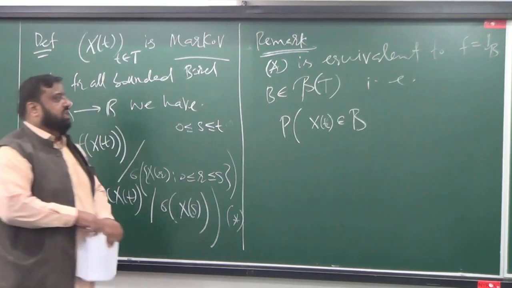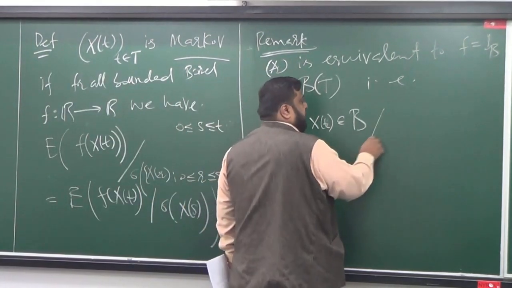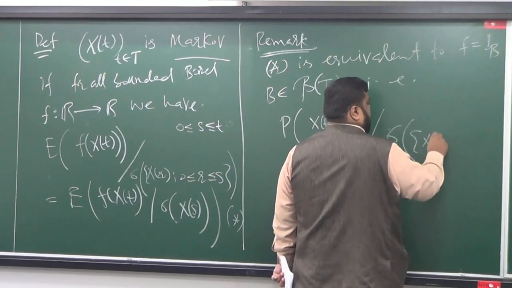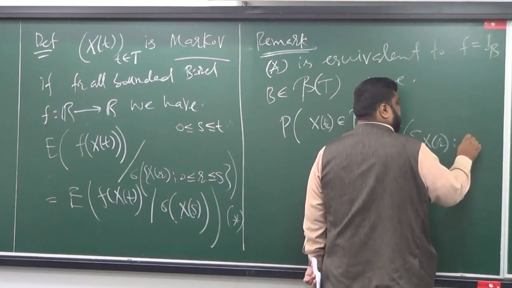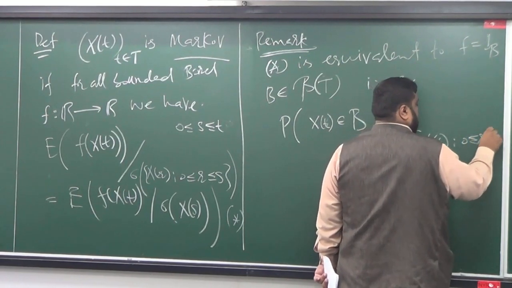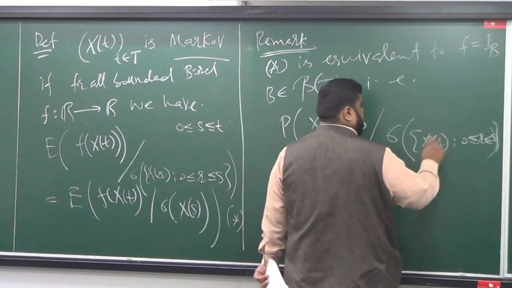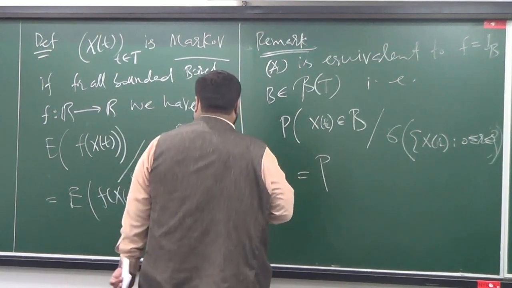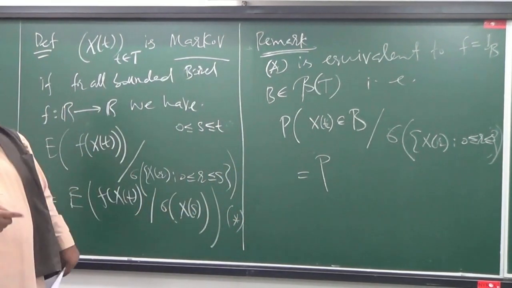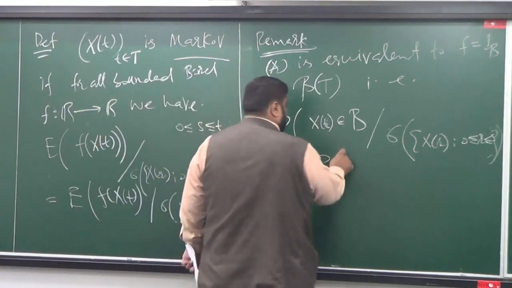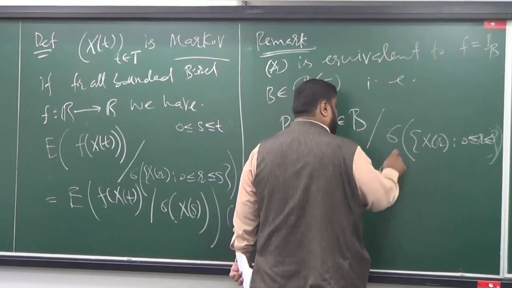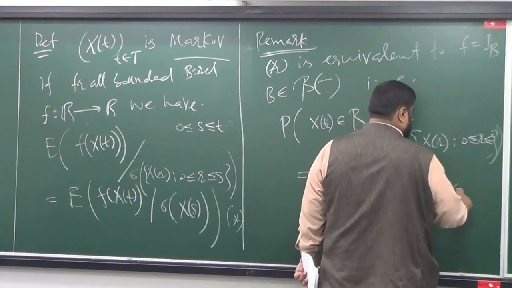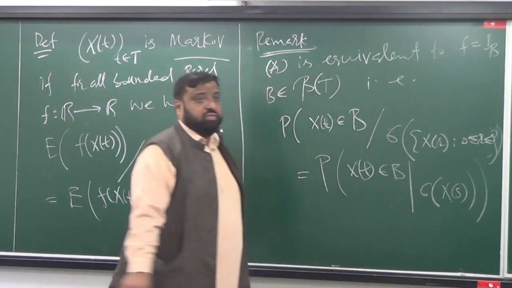So this is going to mean the probability that X of t is in this Borel set, given everything about the process up to time s, is the same as the probability, because the expectation of an indicator function can be written in terms of probability, that X of t is in the Borel set given the sigma algebra generated by X of s. So this would be an equivalent condition.